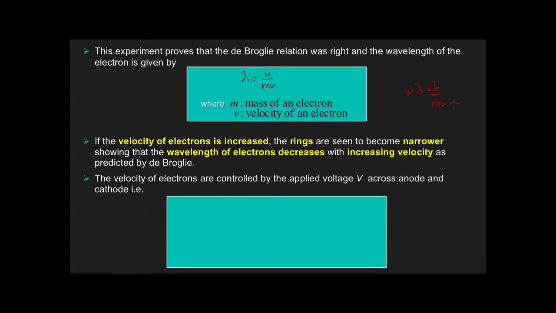And the velocity of electrons is controlled by the applied voltage V across the anode and cathode. So U is equal to K, in which U is eV and K is half mv squared. Then we can rearrange this equation to get v is equal to the square root of 2eV over m.